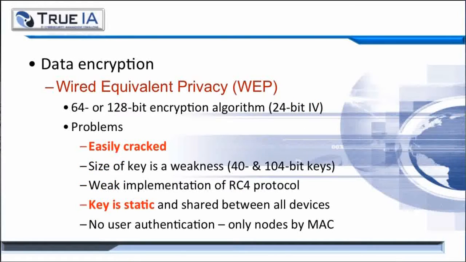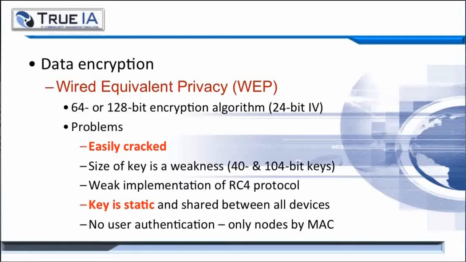Next, we'll talk about data encryption. There are 3 or 4 primary encryption standards to know when it comes to wireless networks, starting with WEP, the Wired Equivalent Privacy. It used a 64 or 128-bit encryption algorithm with a 24-bit initialization vector.